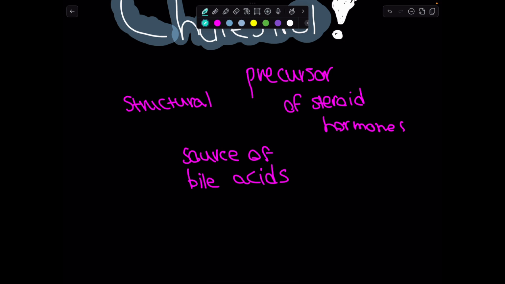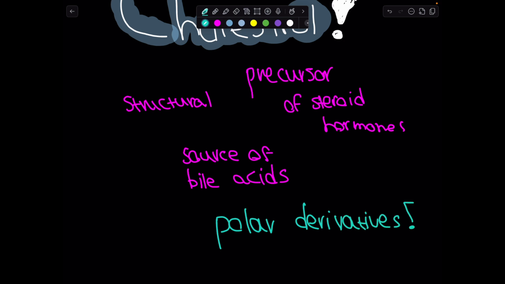I want to ask about this connection with bile acids. So bile acids, they are called polar derivatives. What are these polar derivatives? Bile acids are polar derivatives of cholesterol because they're modified to have both hydrophobic, water-repelling, and hydrophilic, water-attracting parts, unlike cholesterol's mostly hydrophobic structure.